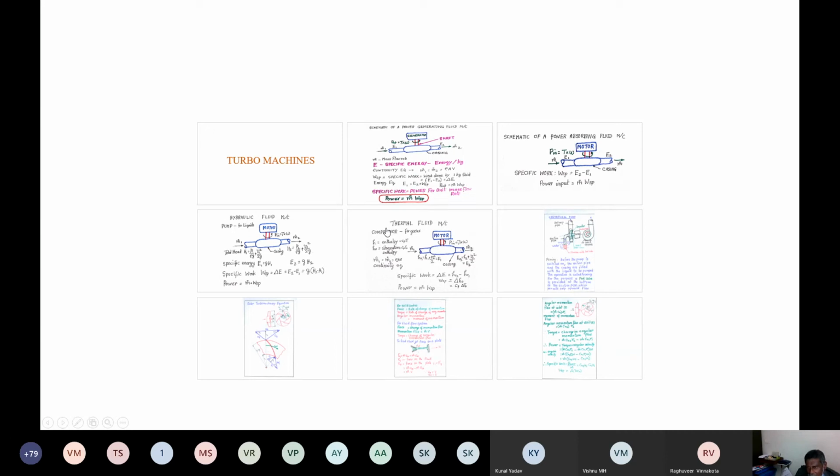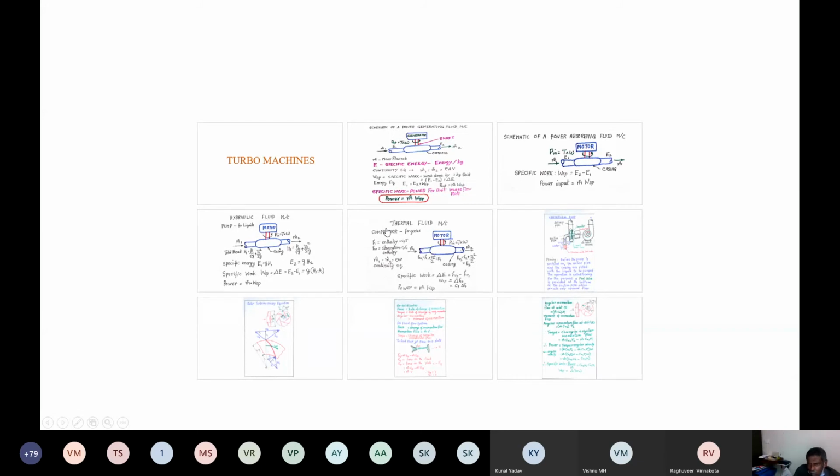So charts are available for what material, for what chemical, what should be the material for the impeller. Coated impellers are there, rubber coated, or so many types are there. Because otherwise this type of corrosion and other issues are also there.